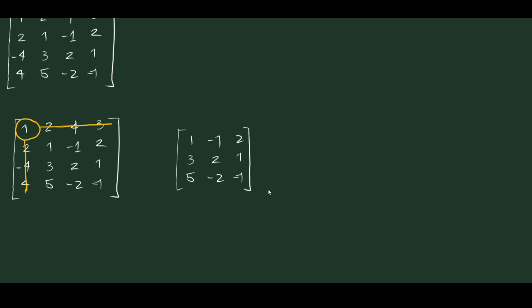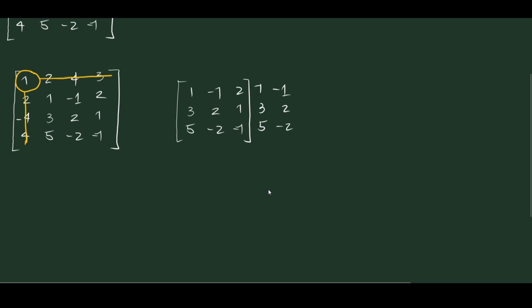Let's rewrite 1, 3, 5, and -1, -2. Let's draw our diagonals right here. So what is this? 1 times 2 times -1, and then plus -1 times 1 times 5, and then plus 2 times 3 times -2.